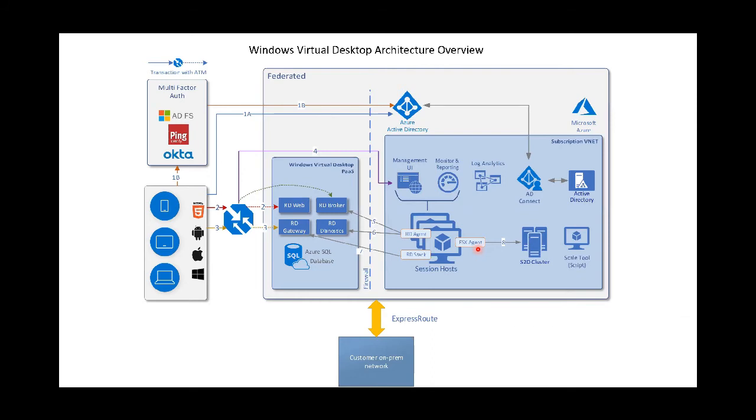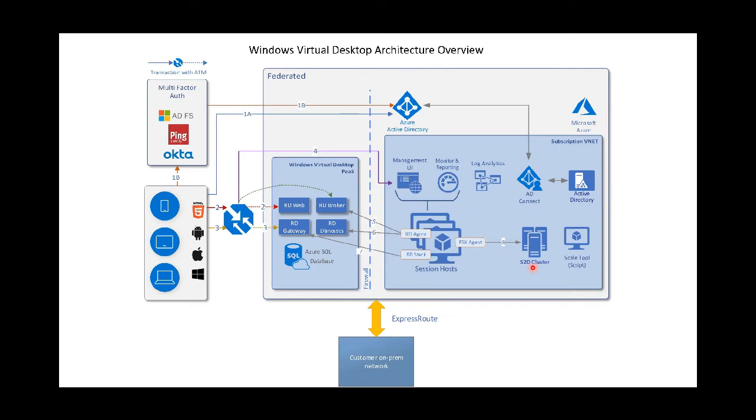The FSLogix agent in the virtual machine is going to look up and say that, okay, this user's profile is stored in, it makes a connection number 8 to a storage. It can be any storage that supports SMB connection. So it makes a connection, it reads the profile.